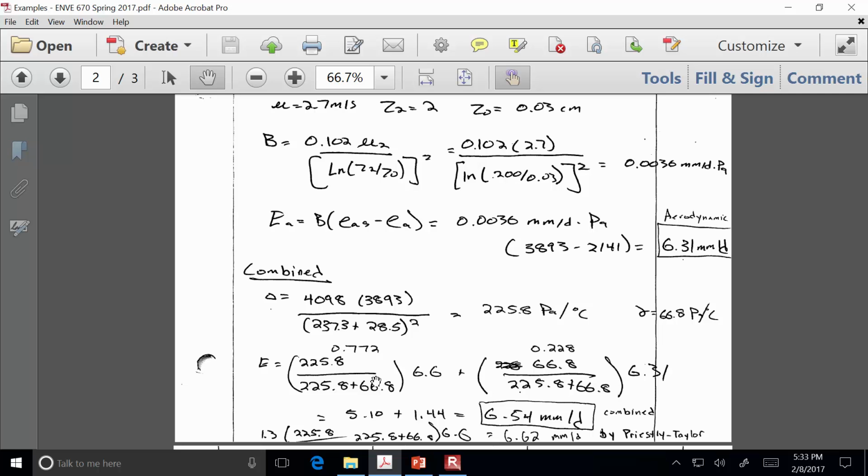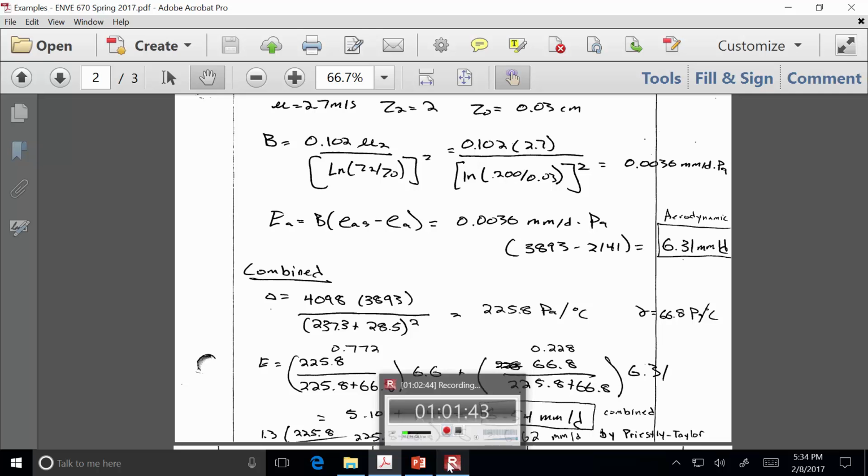Our two extremes was 6.6 if there's limitations on energy but no limitations on transport, 6.31 if there's unlimited energy but transport is limited, and so the weighted average says it's going to be somewhere in between, 6.54 millimeters per day. And if you do the Priestley-Taylor approximation, then that should be in the neighborhood of 6.62, I think.